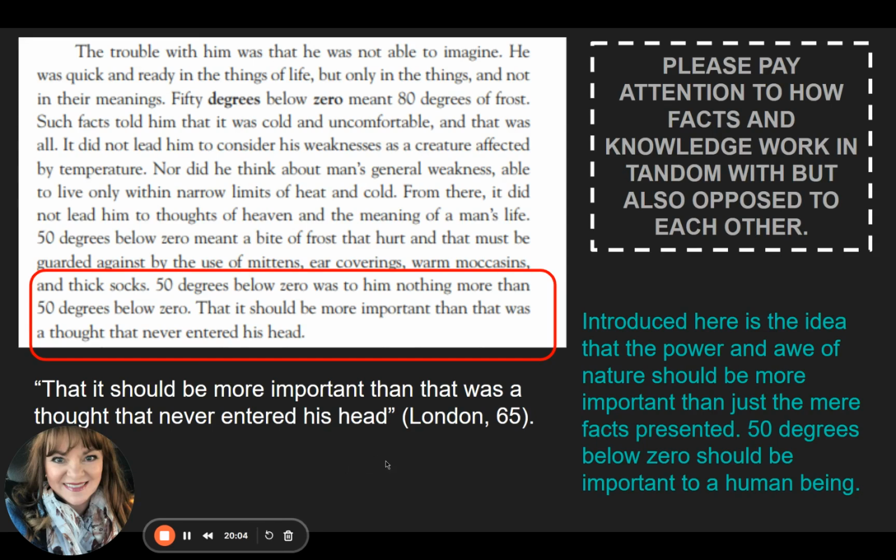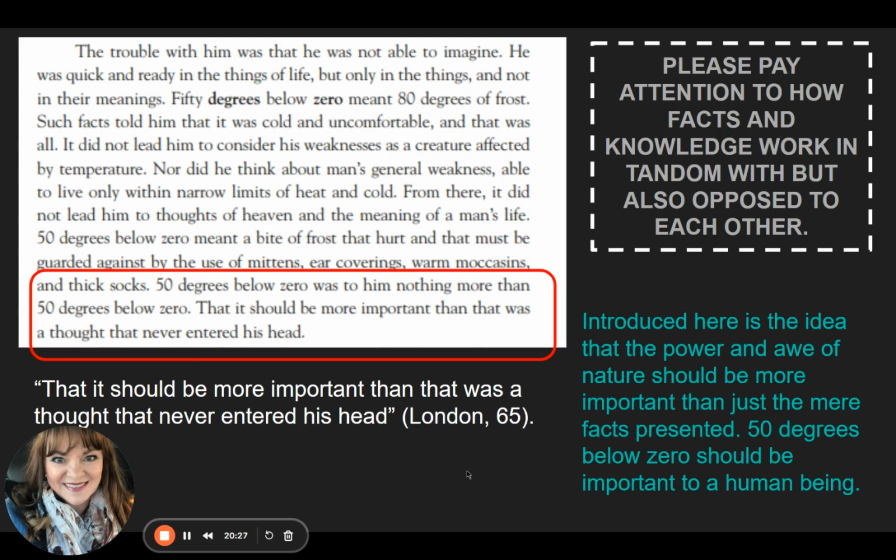So pay attention, as I've got here in the upper right-hand corner, please pay attention to how facts and knowledge work in tandem with, but also opposed to each other. What I mean by that is facts and knowledge are great. It's great that human beings can work with facts and knowledge.